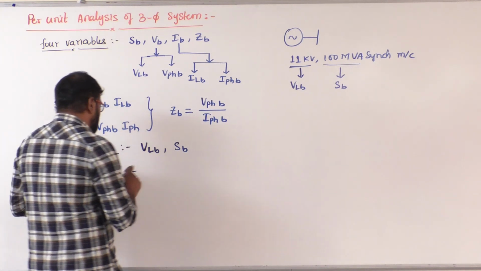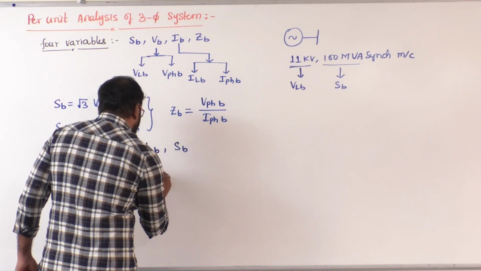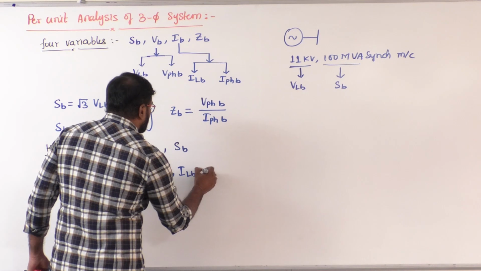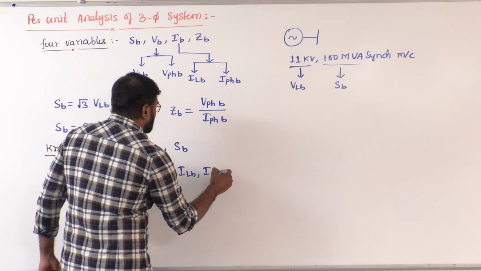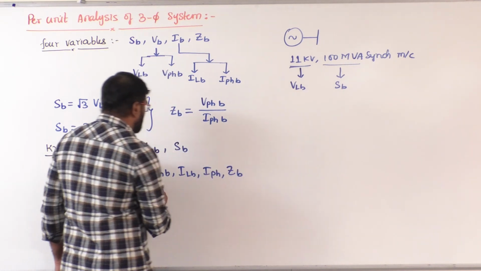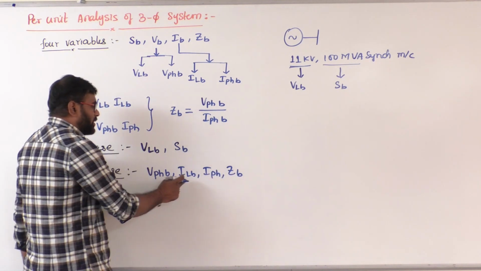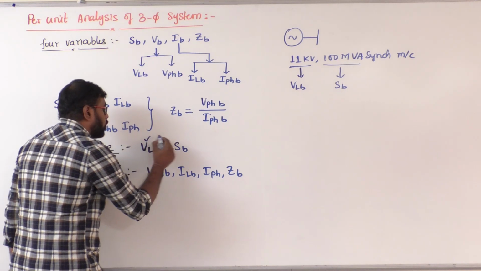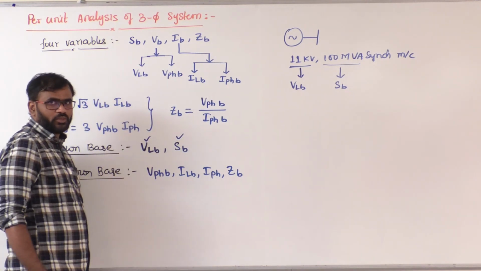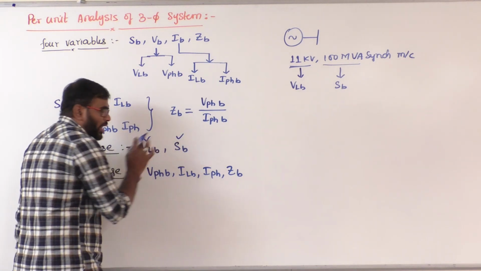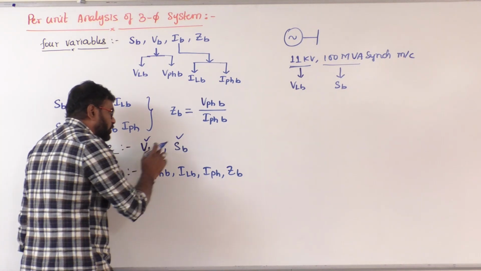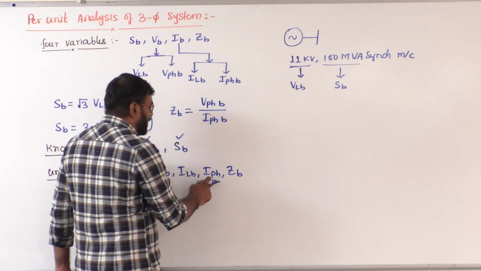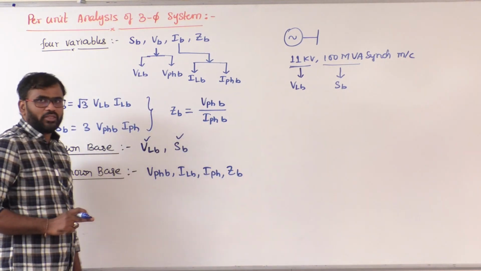The unknown bases are V phase base, I line base, I phase base and Z base. Now we need to define V phase base, I line base, I phase base and Z base in terms of these known parameters, that means in terms of line voltage base and S base.